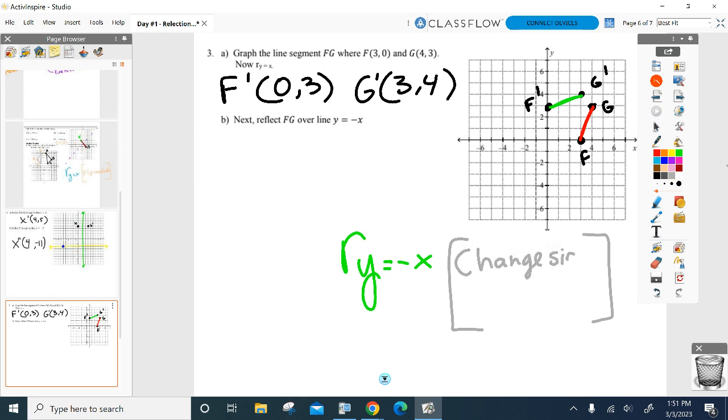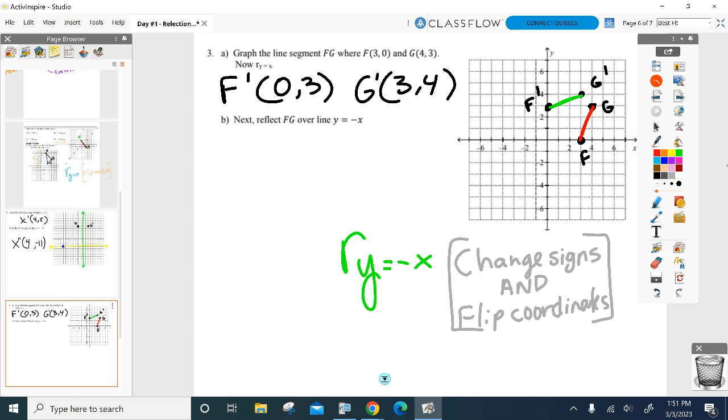Yep, change signs. And because remember, this is just a version of y equals x, so I'm still going to also have to flip the coordinates. All right, change the signs and flip coordinates.